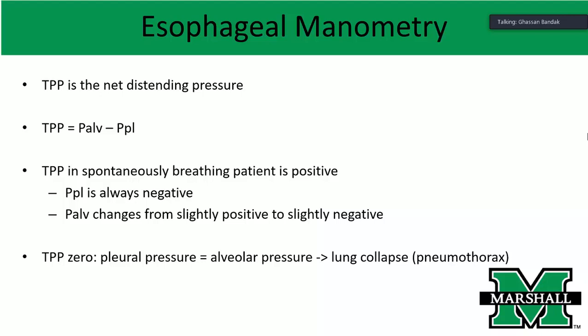The net gain is air going into the lung. If the transpulmonary pressure is 0, that means the alveolar pressure, the pressure within the airways and the respiratory units, equals the pleural pressure. That can happen, for example, in pneumothorax or lung collapse. When you have a pneumothorax, the pressures equalize and the lung collapses, because remember, there's a tendency for the lung to collapse.